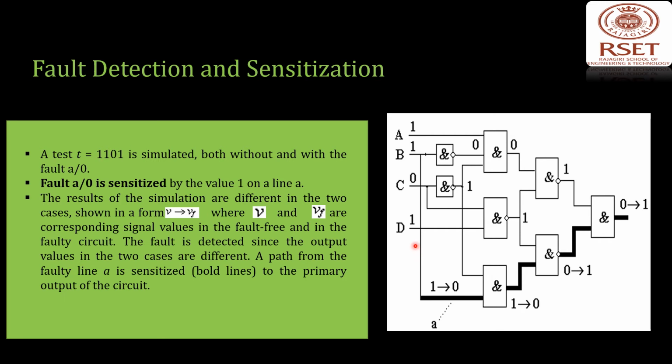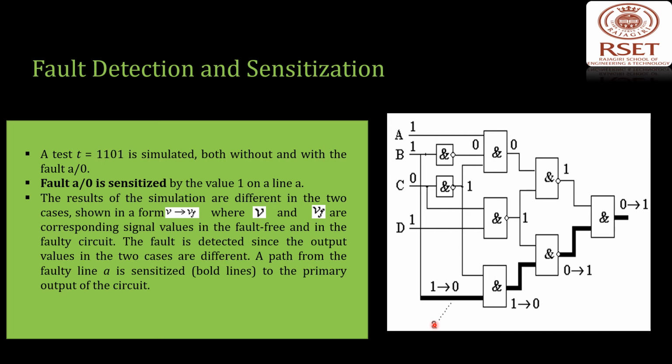Our aim is to detect a fault, right? So we have studied that a test vector will be activating a fault and propagating the fault, and that path is called the sensitized path. So we are inputting a test vector 1 1 0 1, and this line is connected to a line, supposing it be A, and assume that this is a faulty line with a fault A stuck-at 0.